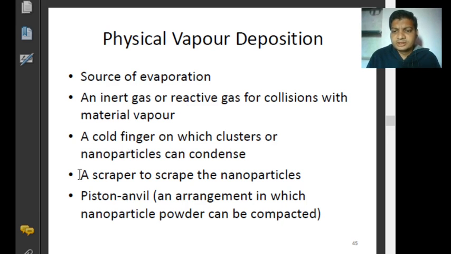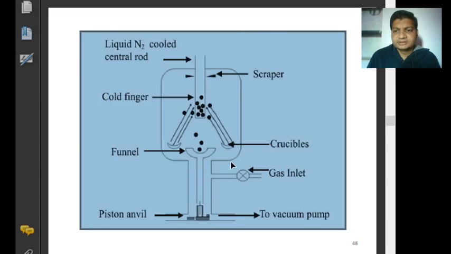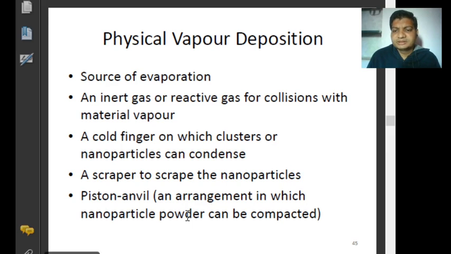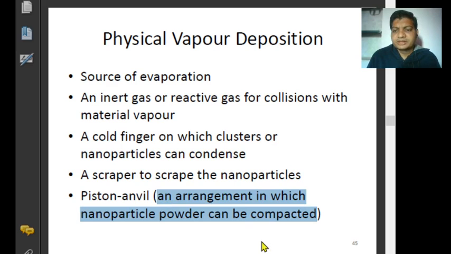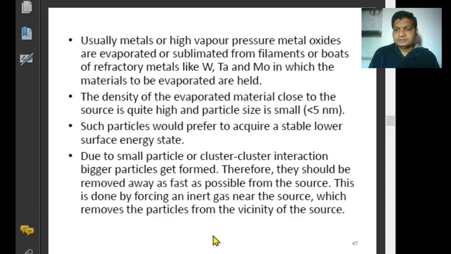Then the scraper to scrape the nanoparticles, as we have seen, and then the piston and wheel, an arrangement in which nanoparticle powder can be compacted. So this nanoparticle powder we can collect in the piston and wheel.